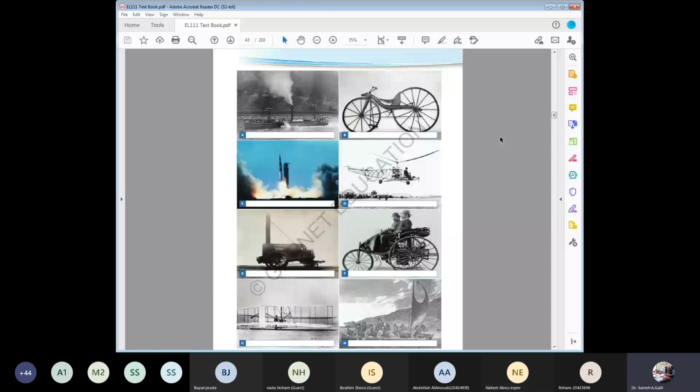This is ancient past. Very good. So what is the opposite of ancient? Modern, absolutely, the word modern. So obviously these are the prototypes of the forms of transport that we use now.